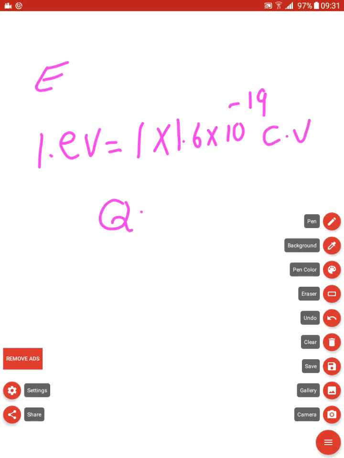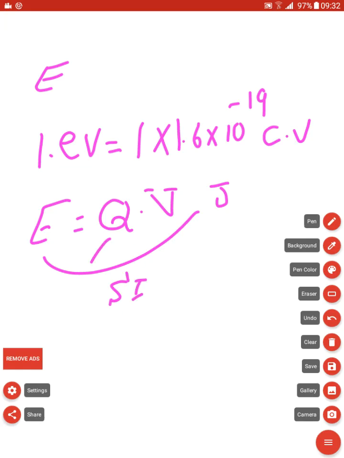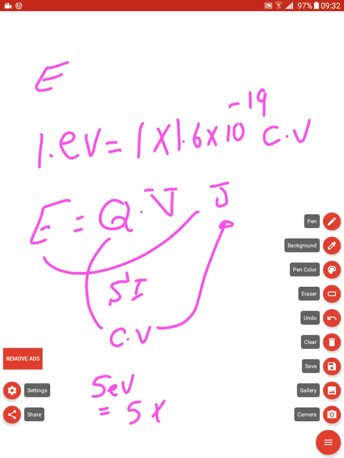Coulomb, which is charge, multiplied by volt, which is voltage, is equal to energy, measured in joule. According to SI units, you can change the unit coulomb volt to joule, okay? So if we have 5 electron volt, it's equal to 5 multiplied by the charge of the electron, in joule.